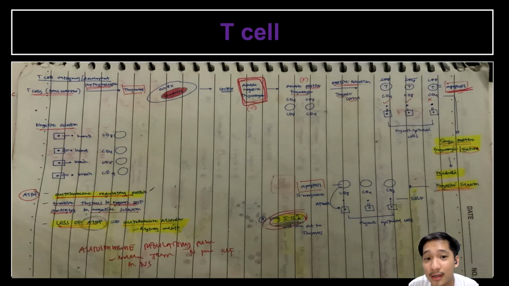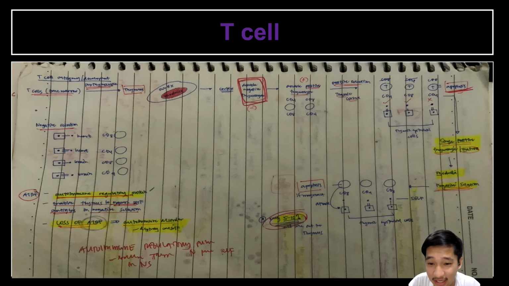In our medulla, there is negative selection, and there are also thymic epithelial cells. In the medulla, the thymic epithelial cells use the AIRE protein, or the autoimmune regulatory protein, which enables the thymic epithelial cells to express self-antigens.